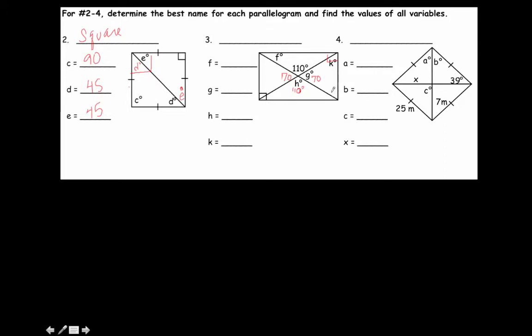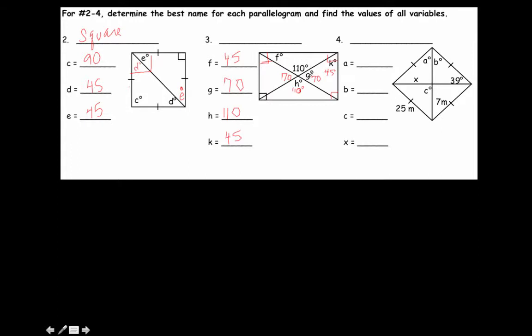And if these two are right, it actually forces the other two to be right. So K is 45, H is 110, G is 70, F is 45, and this thing is a rectangle.